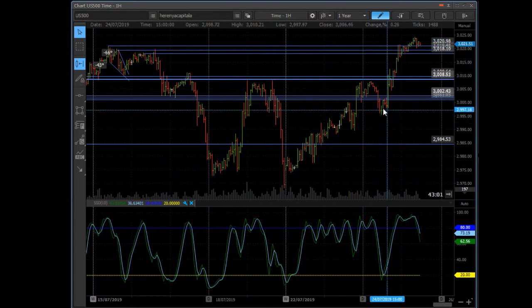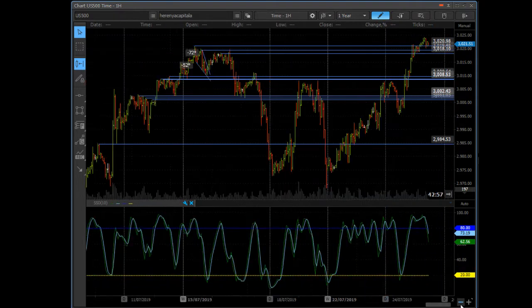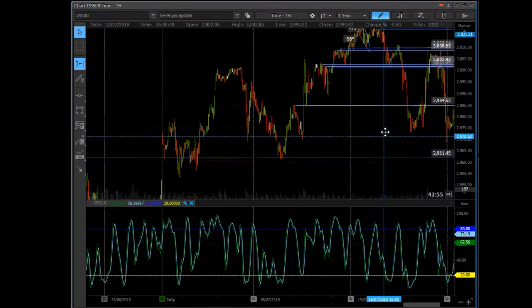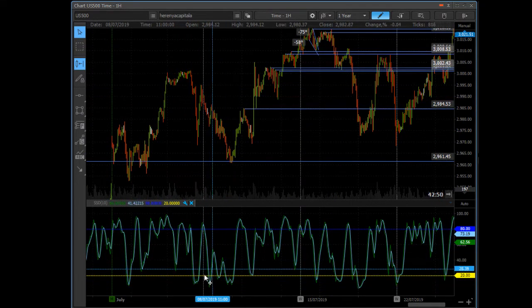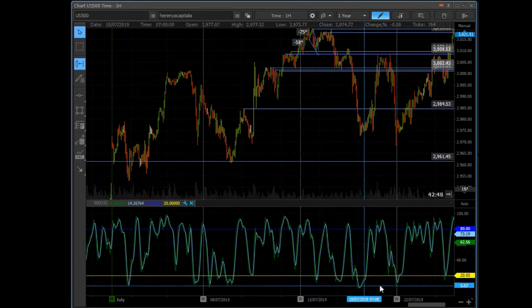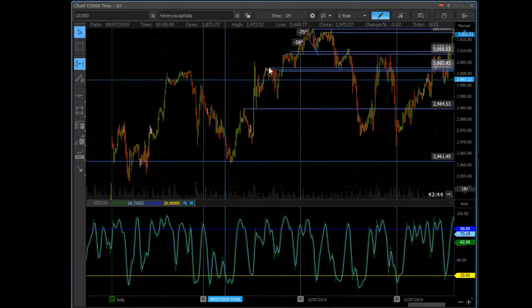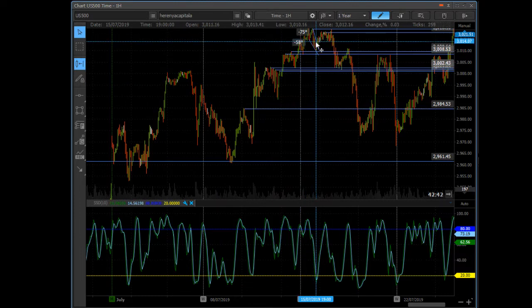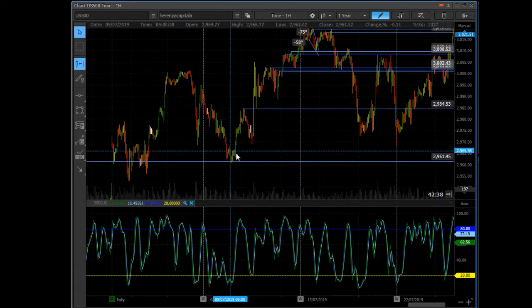Here, that was not actually a signal, as it never came below 20. What is interesting is that in this scenario we saw 4 dips below our 20, and we saw another 4 dips below our 20 level here again. That scenario is the one that, when we looked at this trade initially, made us think, wait a minute, this is a high risk trade because this is what happened last time.